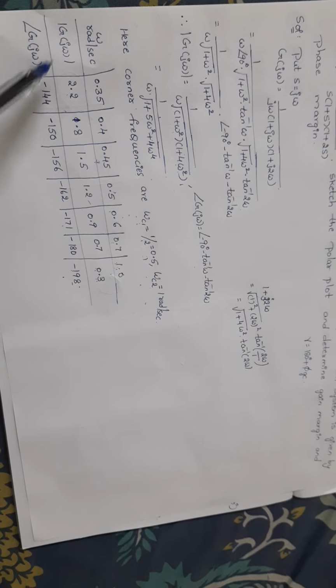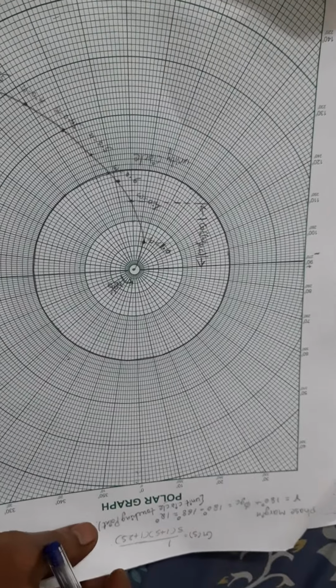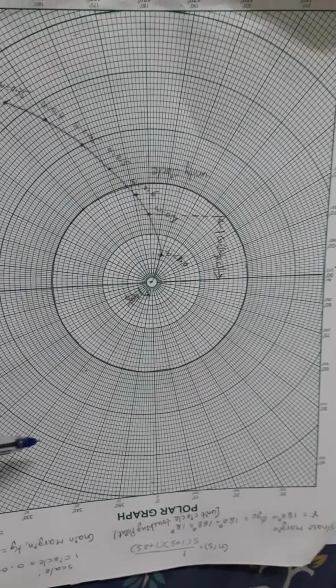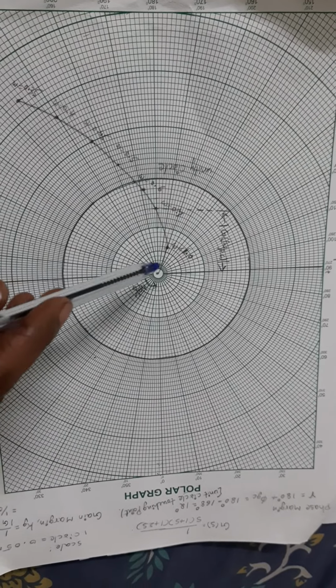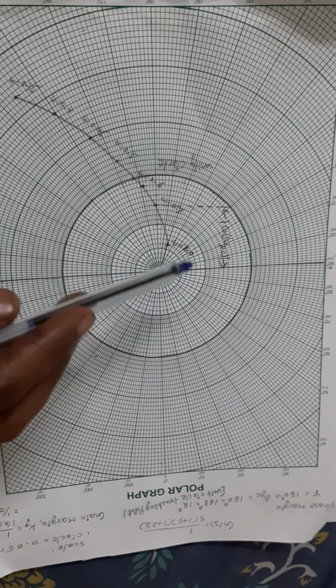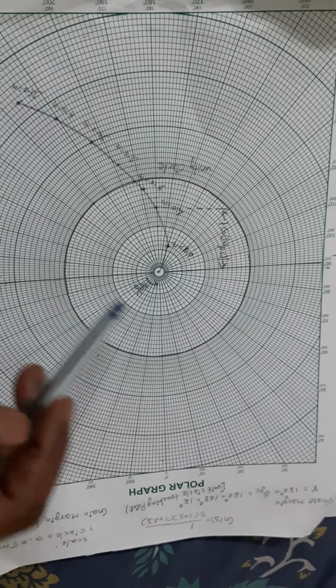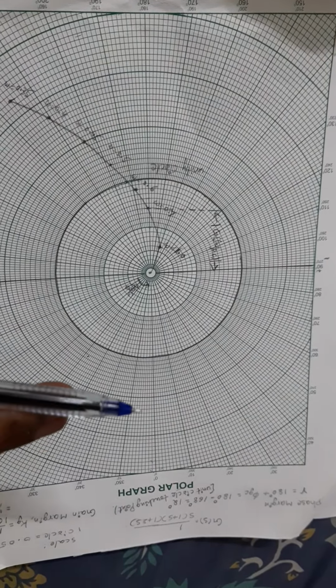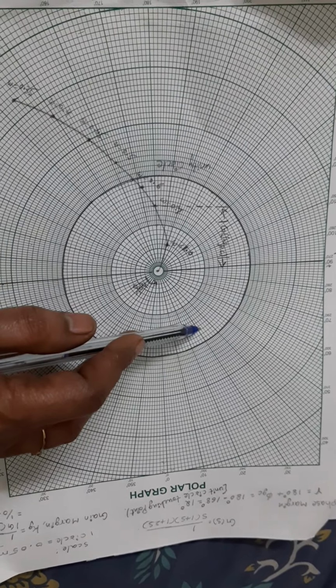After having this tabular column, you take the polar graph sheet. Observe this polar graph sheet. I already told you the concentric circles are the magnitude and the radial lines are the phase angle. So now we are going to plot the graph of magnitude versus phase angle.